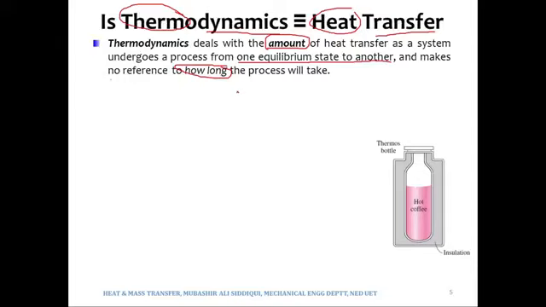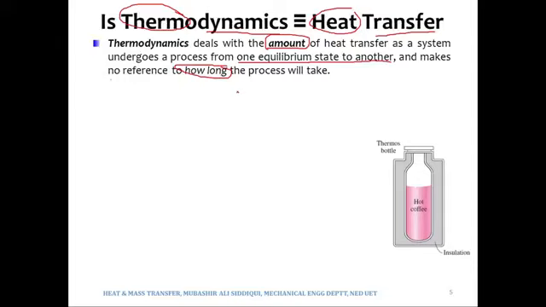For example, if the process is a heat transfer process, with initial state 1 and final state 2, and the process takes 20 minutes, you can find the total heat going into or out of the system during those 20 minutes. That would be the domain of thermodynamics.